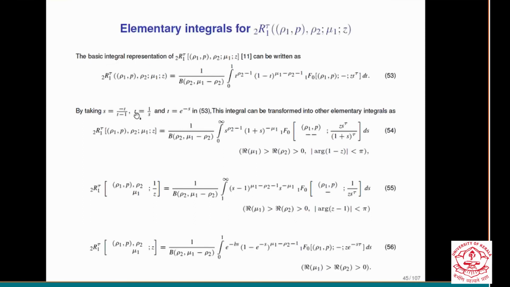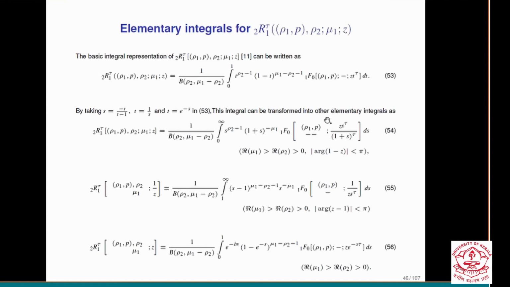Next, elementary integrals. Here we can write this, which is about this 2R1 tau, in this form as equation number 53. Then this one, plus 2, and this is 1 plus f0 f1. So ultimately the elementary function is this one.